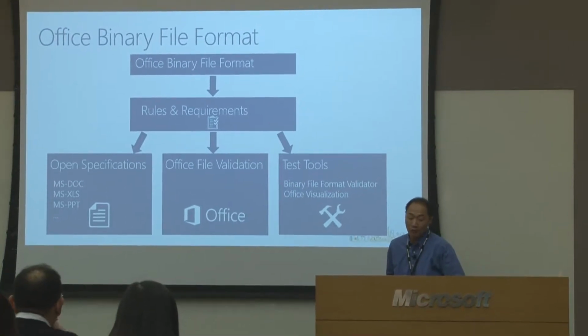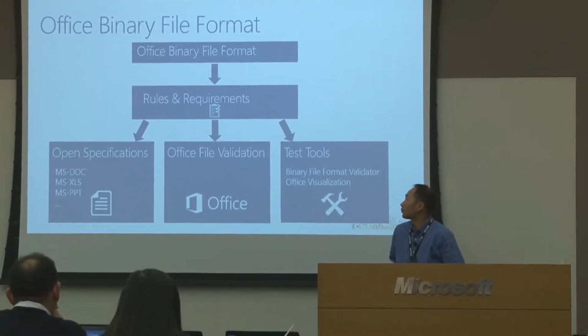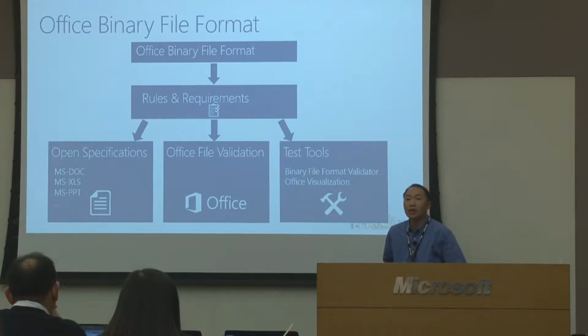It's a feature within it, part of the product. And we've also developed test tools to help third parties validate the binary file format, investigate issues, browse, and edit, so to actually manipulate and edit the binary file format files.